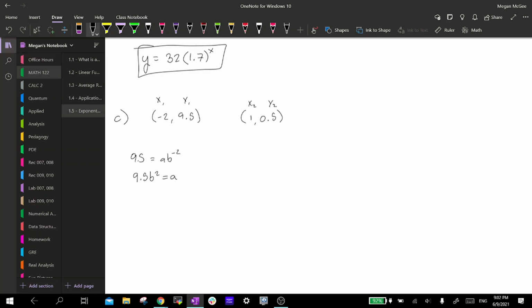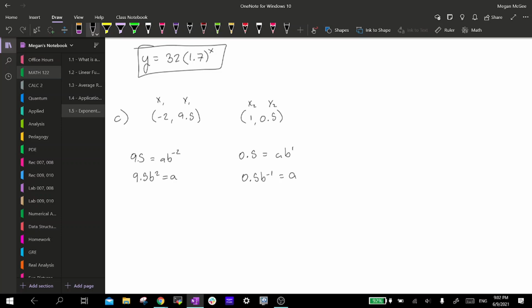So I can come over here to our next set of data points and say that 0.5 is equal to ab to the first power. Okay, so then I'm also going to multiply here by b to the negative 1 to move the b over.